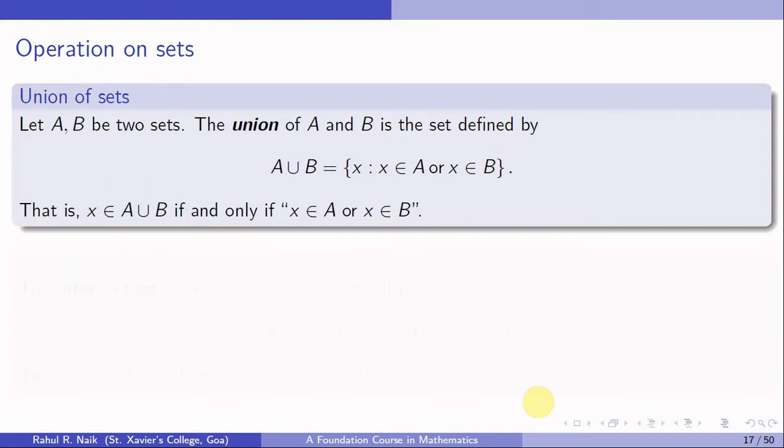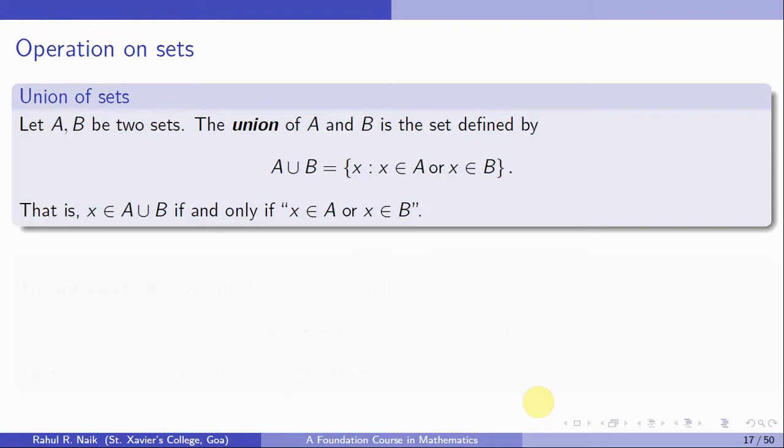So this is basically the disjunction of two statements: x is in A, and the other statement is x is in B. So x belongs to A union B if and only if x belongs to A or x belongs to B. This is the definition.